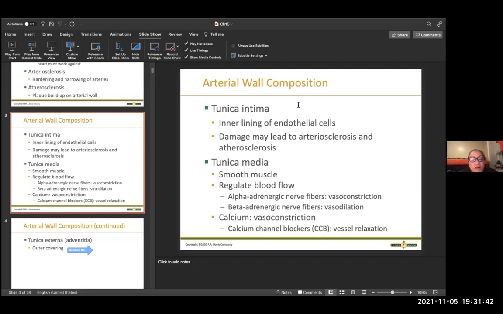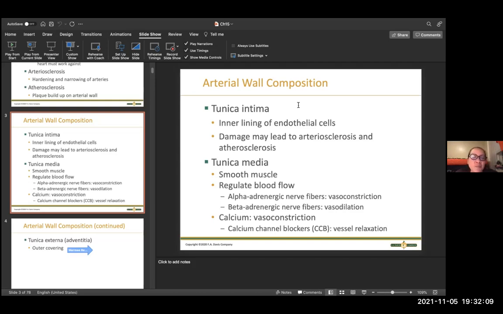Why do you think calcium is important in the cardiovascular system? Because we are talking about muscle. And what does calcium do to muscle? Remember? It strengthens it. Yes, calcium activates the actin and the myosin, right?